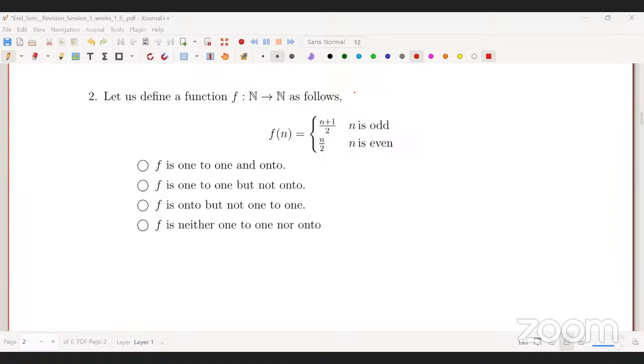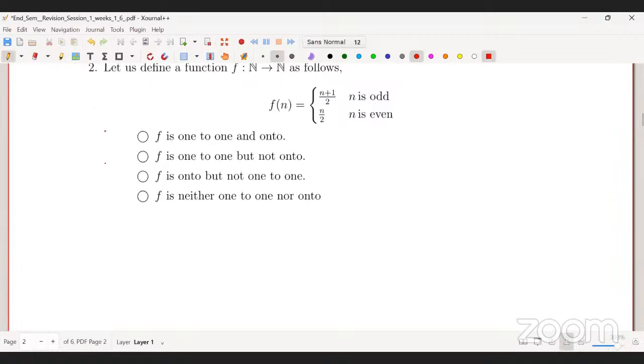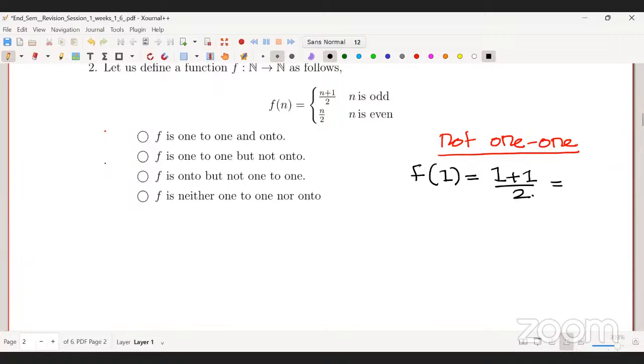As someone already said, let me start with whether this function is one-one or not. One can easily show that this function is not one-one, because if you take f of 1, 1 is odd, so this is (1 plus 1) by 2, which is 1.